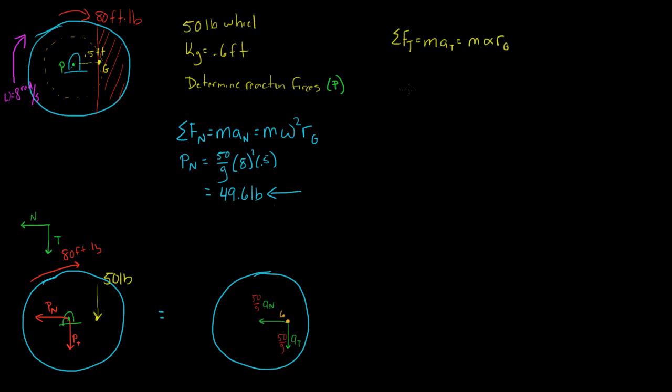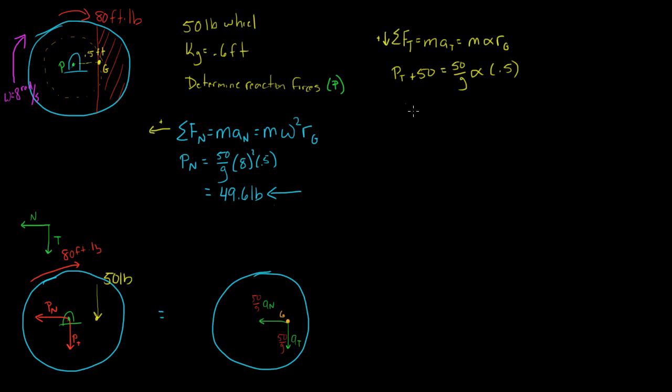So my tangential forces are this PT, and again, this is down is positive, and this one to the left was positive. So PT plus 50 is equal to 50 over g times my angular acceleration times the distance to my center of mass from my fixed axis, which is 0.5.